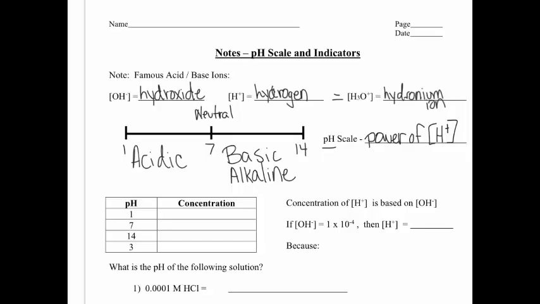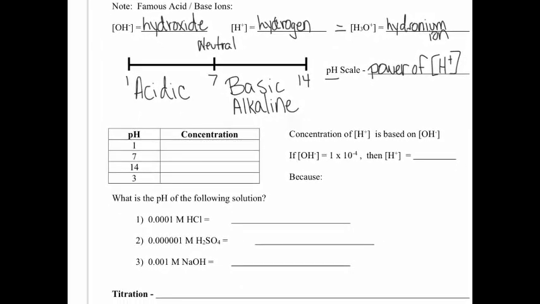If we look over here at this table, this says at a pH of 1, we need to figure out what the concentration is. Well, the concentration is of H plus. By the way, that bracket means concentration. So by putting the bracket around the H plus, we're saying concentration of H pluses. The concentration is actually 1 times 10 to the negative 1 molar.